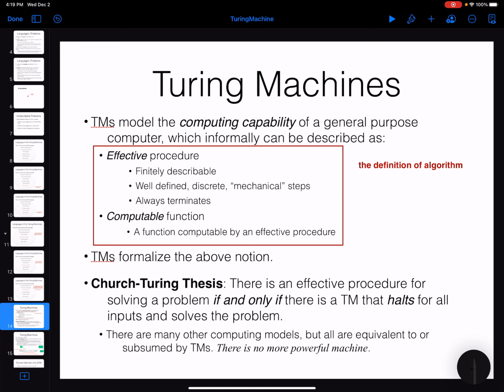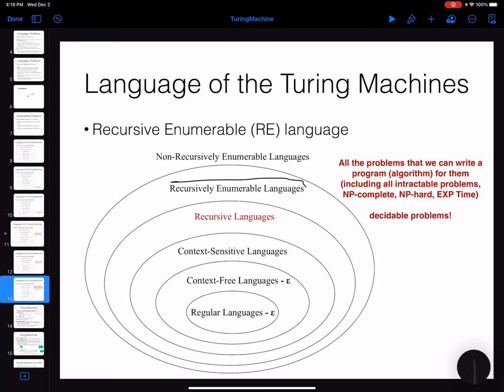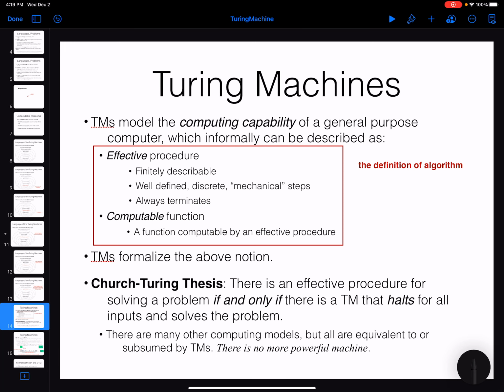In the previous slide, I discussed the decidable problems, those problems that we can write an algorithm for. When we are talking about computing capability, it has a formal definition: something that we can compute, something that we can write an algorithm for.